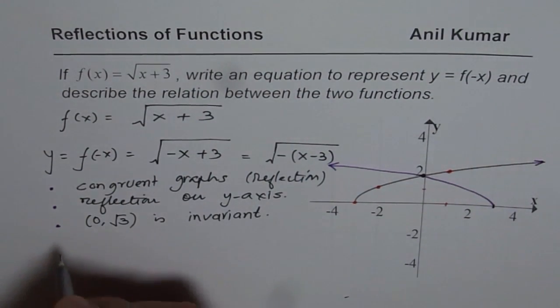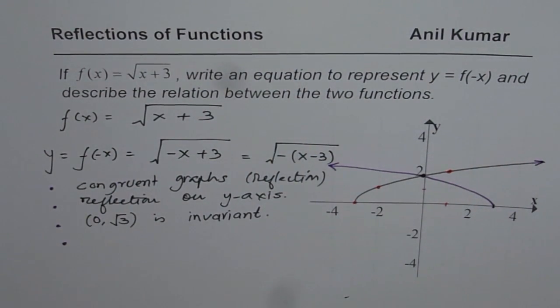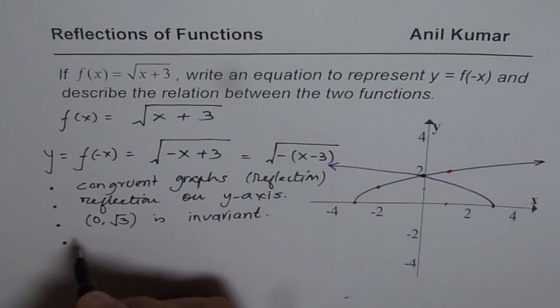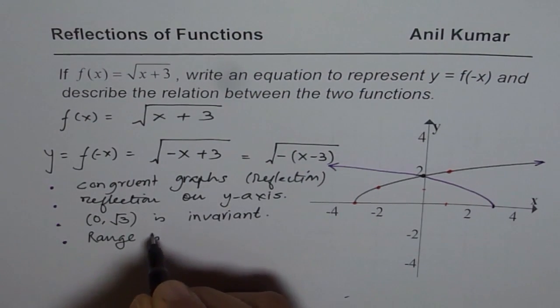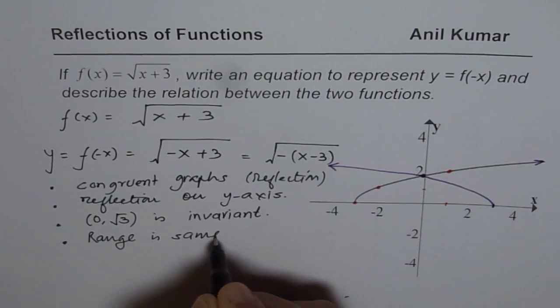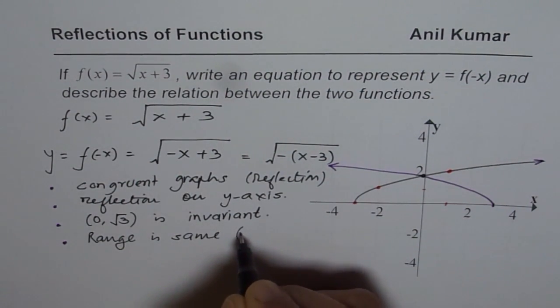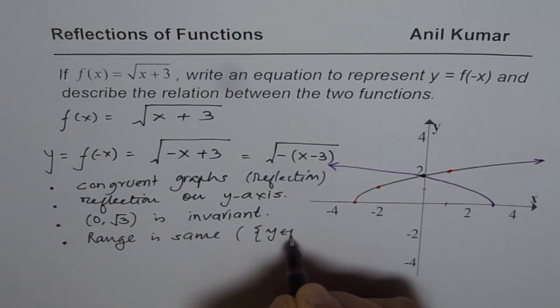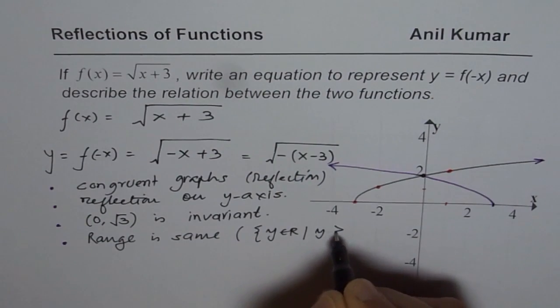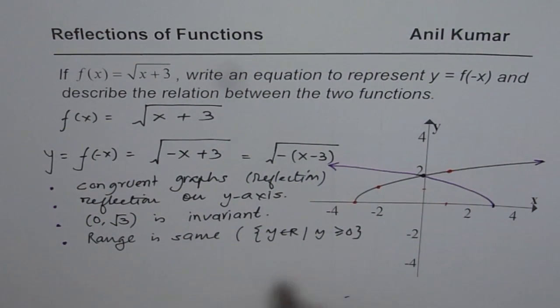And you also see that in these two graphs, the range remains the same. That is, you can write the range, better to write in curly brackets, as y belongs to real numbers where y is greater than or equal to 0. But the domain changes. Do you see that?